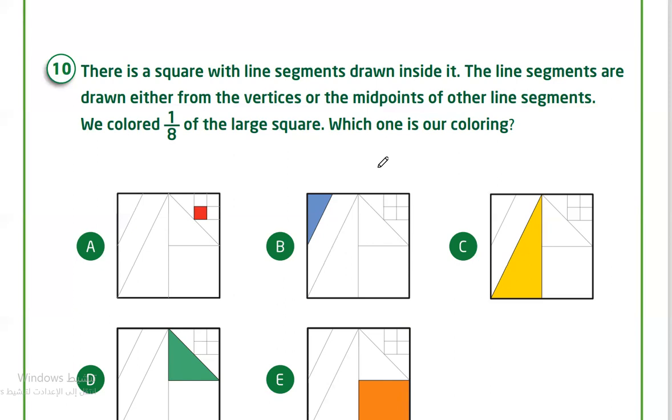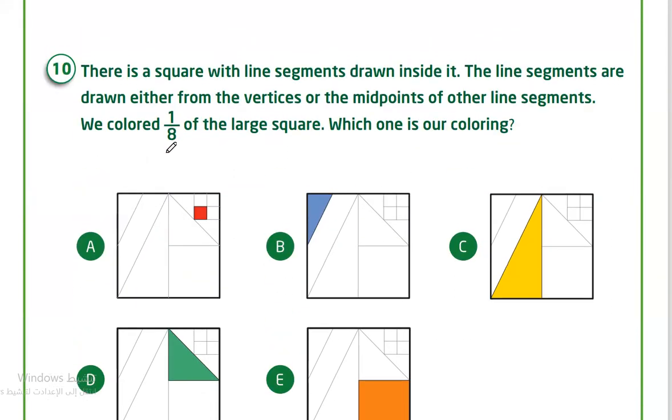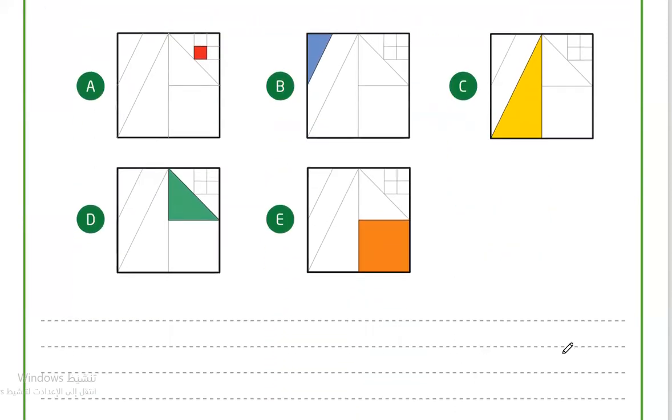Here, I'm not sure. Can you help me? Yes. Here he wants 1/8 of the large square. When I separate, this will be 1/4, right? This color, because when I divide the square into 4 pieces, this square will be 1/4, right?